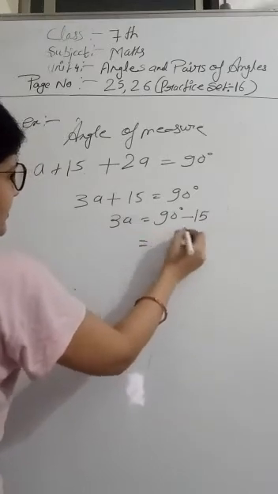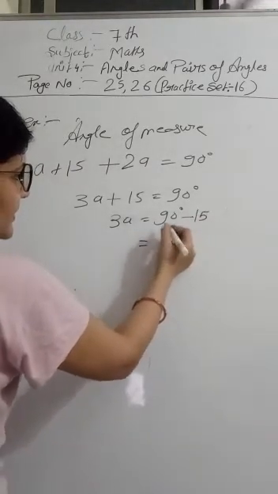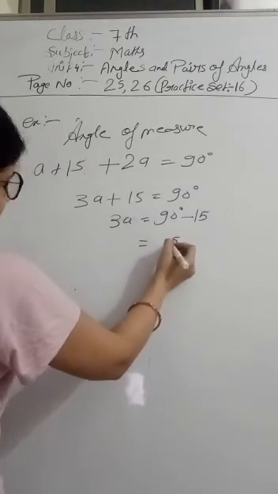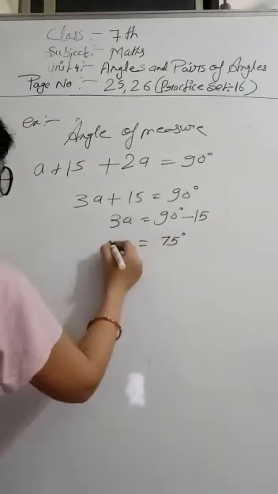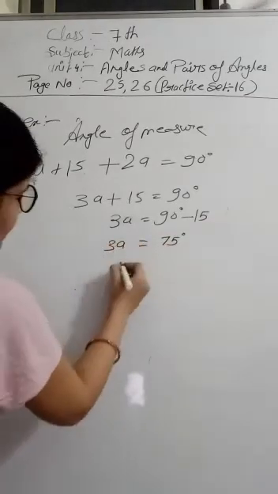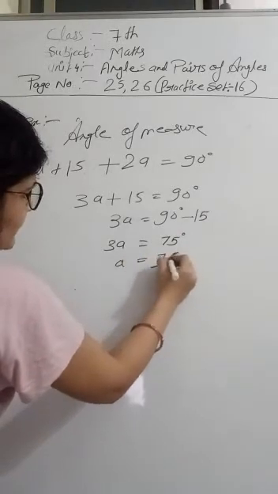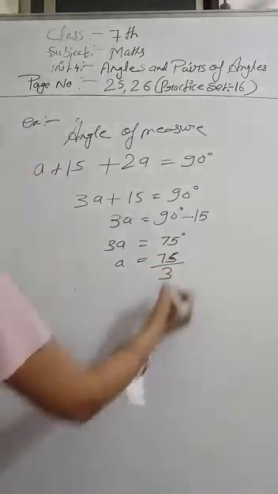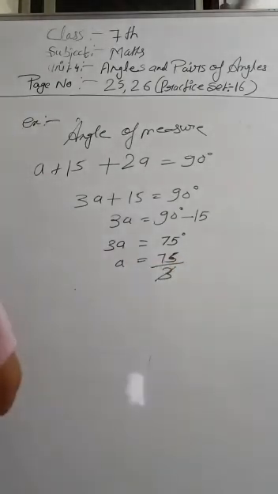Now 90 minus 15 is 75. So 3A equal to 75. Now here we will write A equals 75 by 3. Now we will cut 75 by 3.